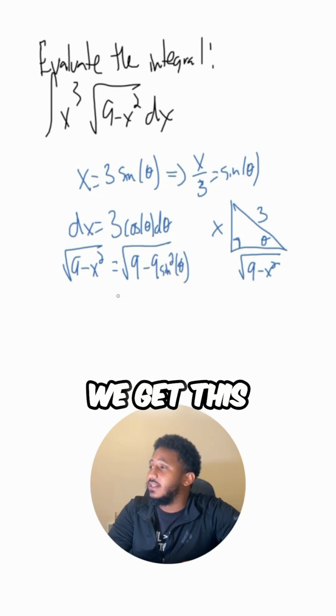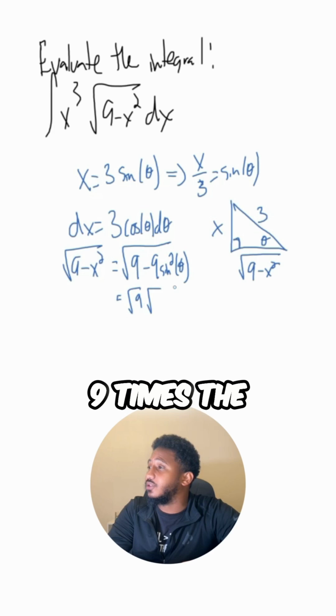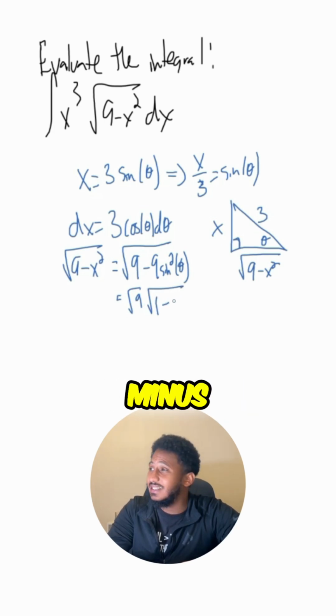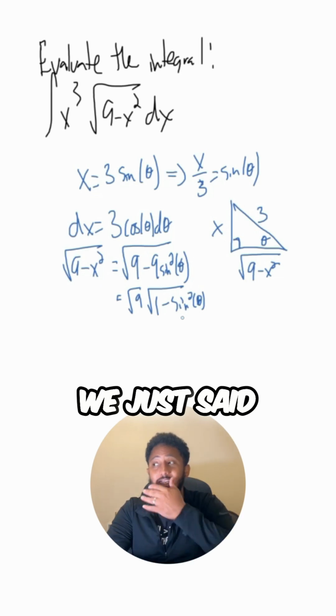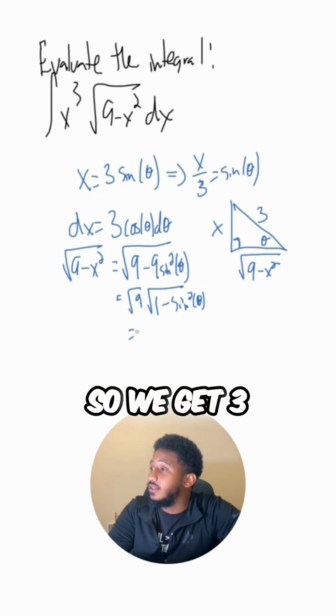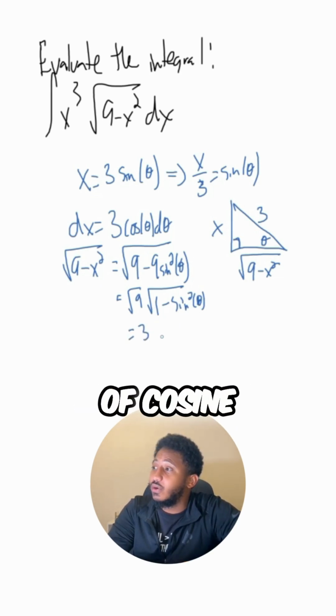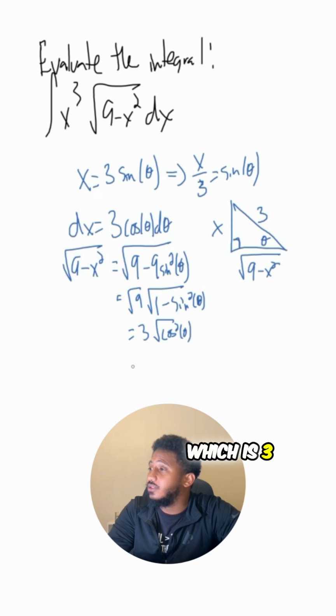By factoring, we get the square root of 9 times the square root of 1 minus sine squared of theta. And 1 minus sine squared is cosine squared. So we get 3 times the square root of cosine squared of theta, which is 3 cosine of theta.